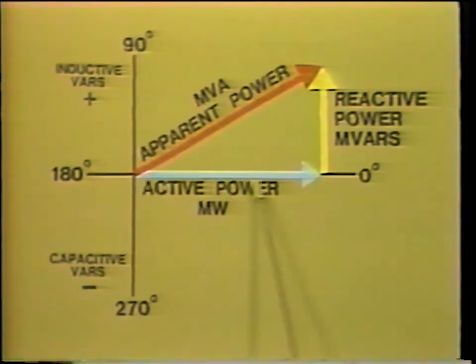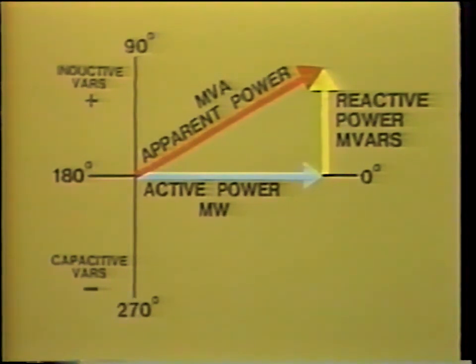The active power in megawatt is a measure of how fast the load is consuming energy. Power is consumed in the process of doing work. This energy is consumed by the load, and this is what we pay the power company for. To produce this energy, we must provide fuel input to the turbine driving the generator.